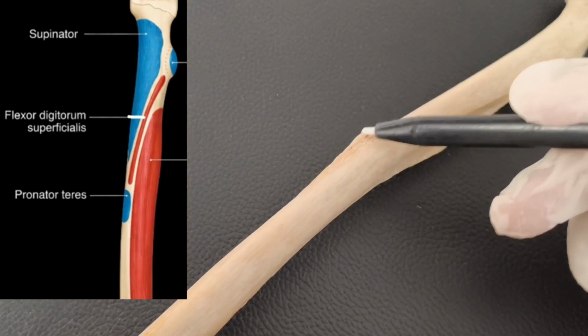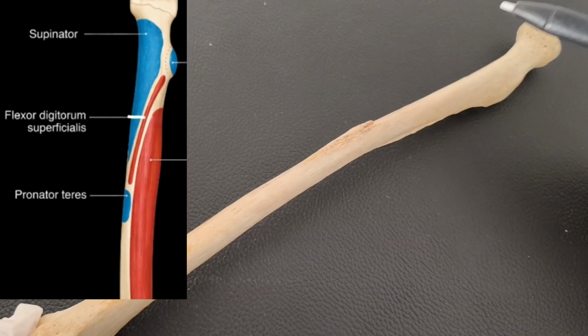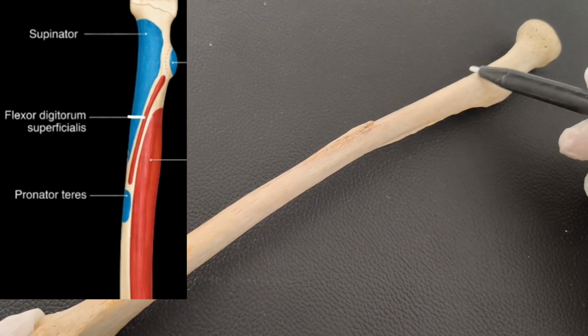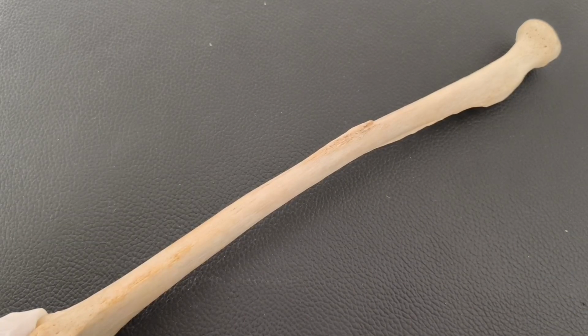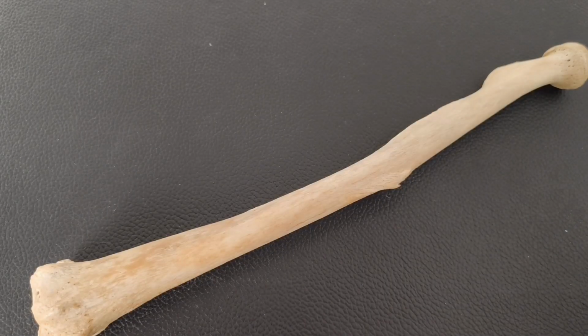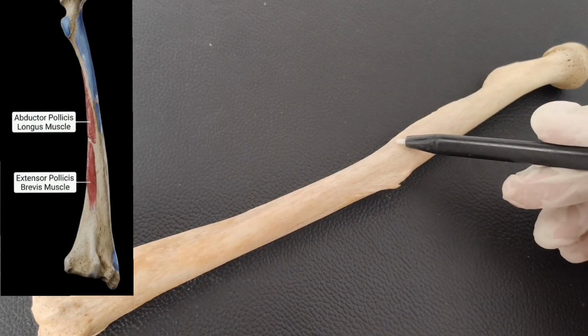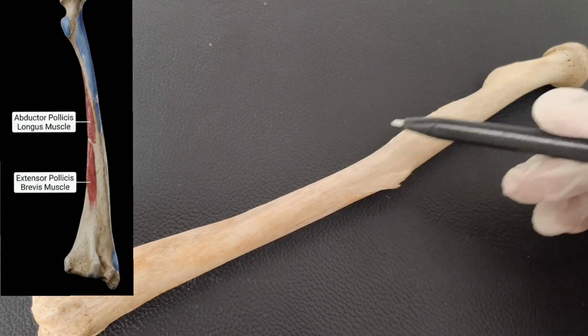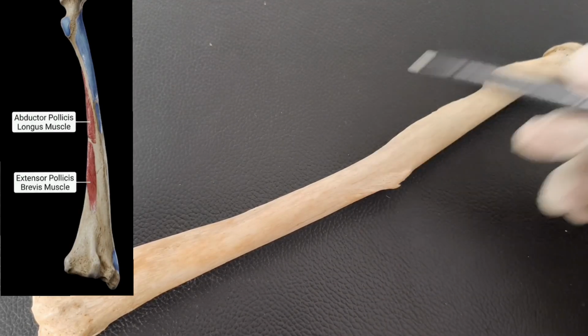So quickly revising, we have two muscles, the supinator and pronator teres on the lateral surface, and both these are insertions. Now, talking about the posterior surface, from the posterior surface we have origin of two muscles, the abductor pollicis longus muscle and the extensor pollicis brevis muscle.